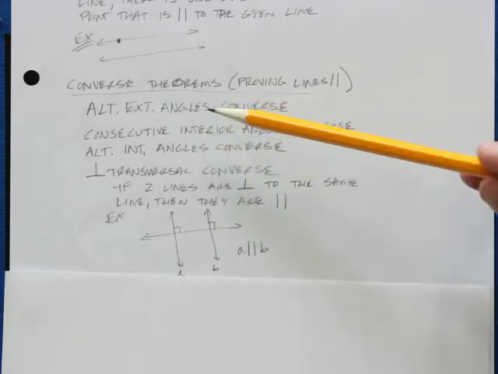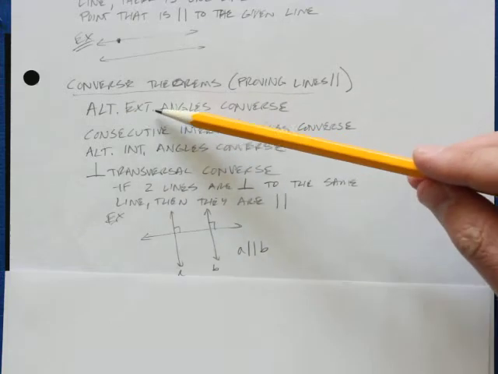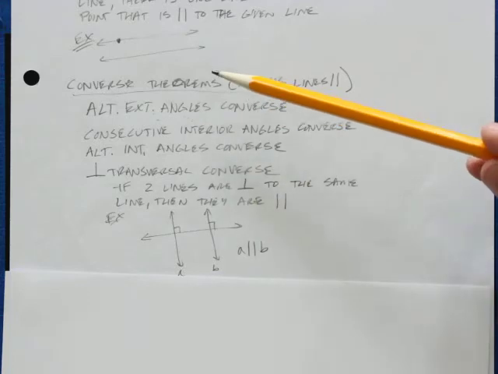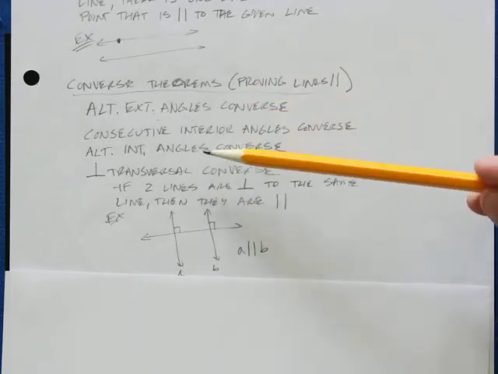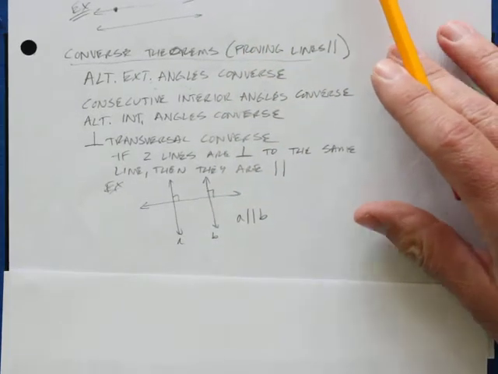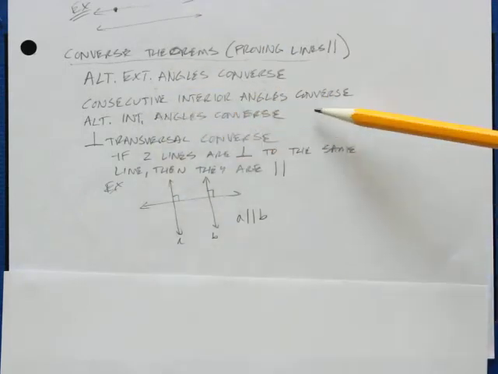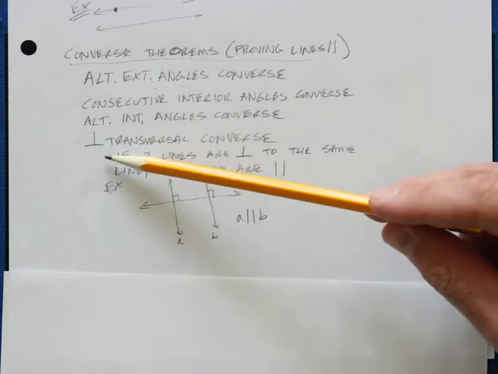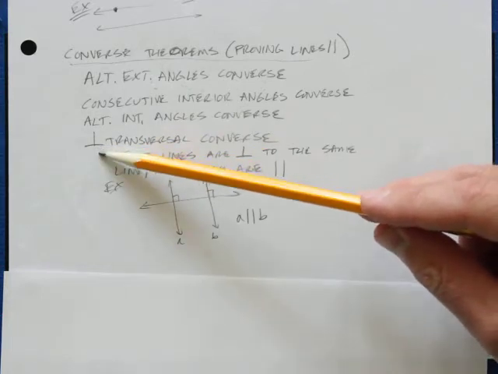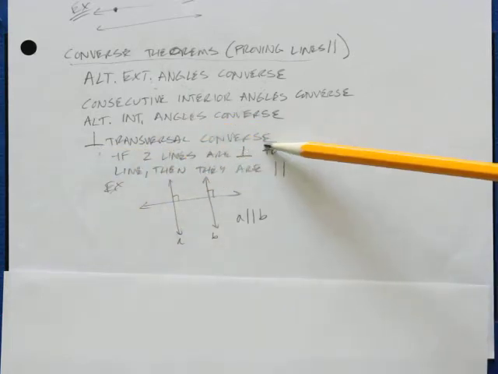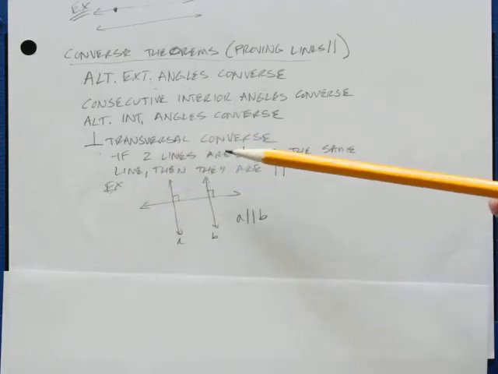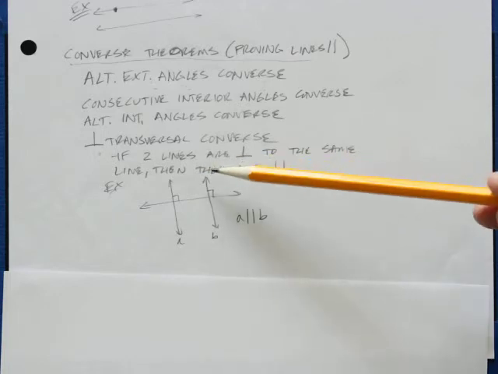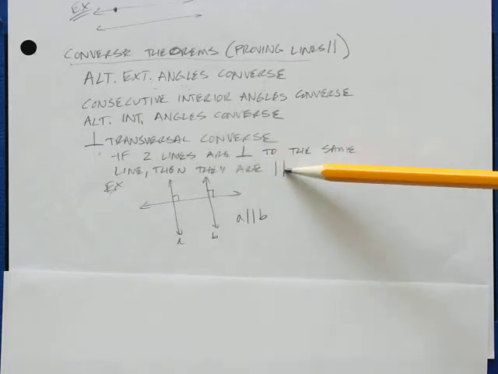The converse is true, such that if the alternate exterior angles are congruent, then the lines are parallel. So we're just kind of saying the opposite thing. And so these are all consecutive interior angles converse, alternate interior angles converse, and perpendicular transversal converse: if 2 lines are perpendicular to the same line, then they are parallel.